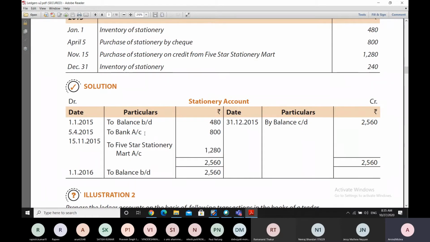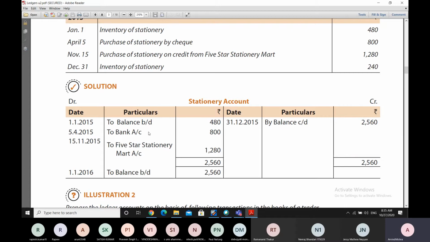So we are debiting the stationery account by writing the entry on the debit side of the stationery account, and in the description we are saying bank account, which means that we are giving description of the credit side of the credit account being credited here, because the journal entry would be stationery account debit 800 and bank account credit 800.